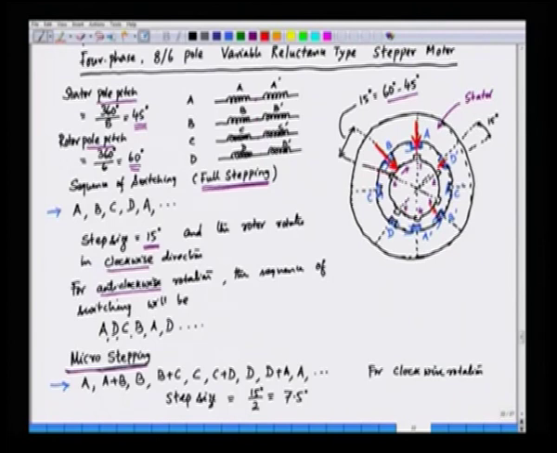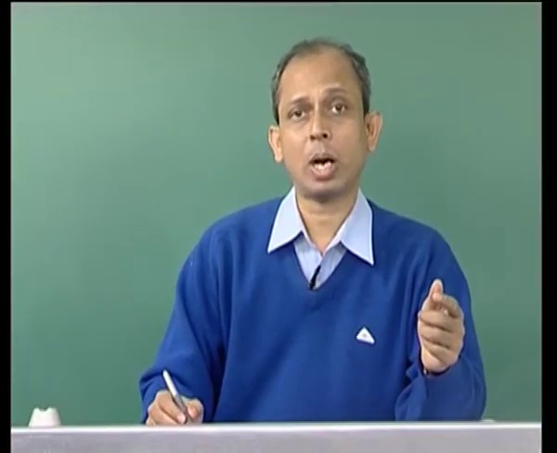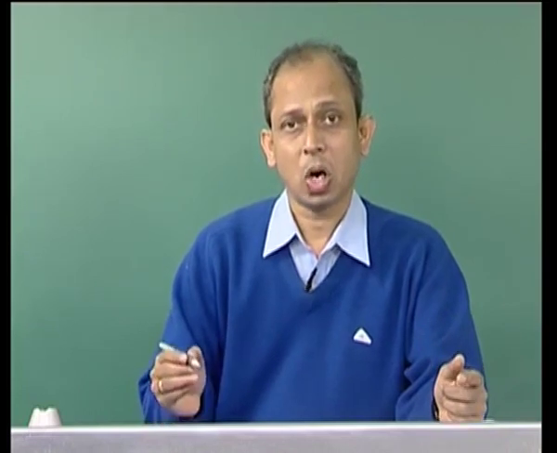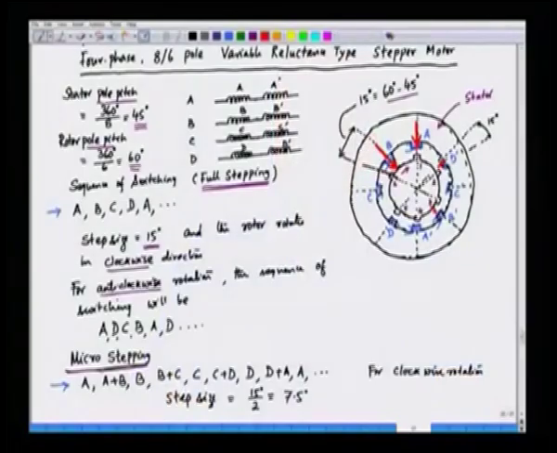So, what is the position of the rotor? Pole 1 of the rotor is neither fully under A, nor is pole 6 fully under B. They will occupy an intermediate position. So, in fact, 6 will move towards B and 1 will move to the right of A. So, we will have 7.5 degrees of rotation.